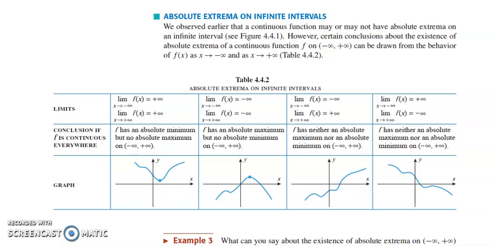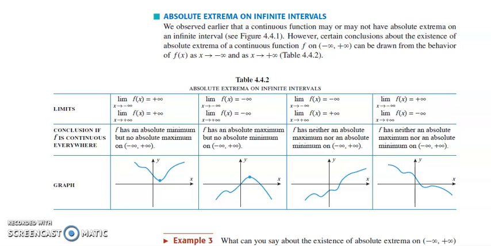A continuous function on an infinite interval may or may not have an absolute maximum or absolute minimum. We have seen a few examples in the previous class.